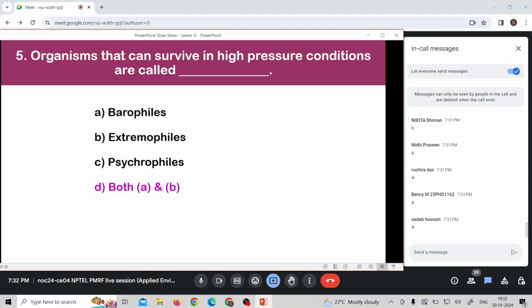Just look at all of the options, think for a minute, and then answer, so that you don't miss key things. Okay, this is a pretty easy question. You just have to tell me if it's true or false.